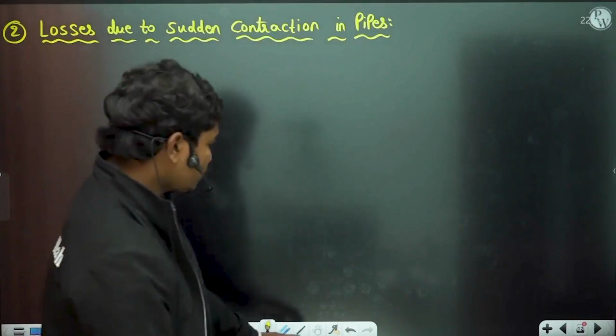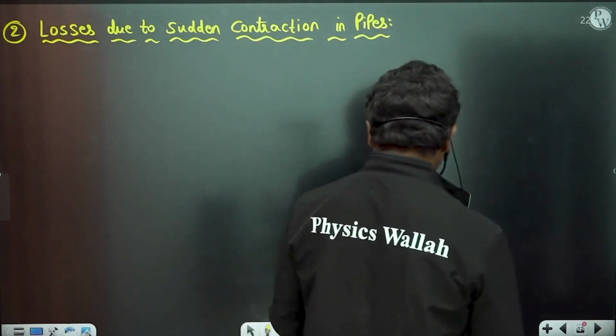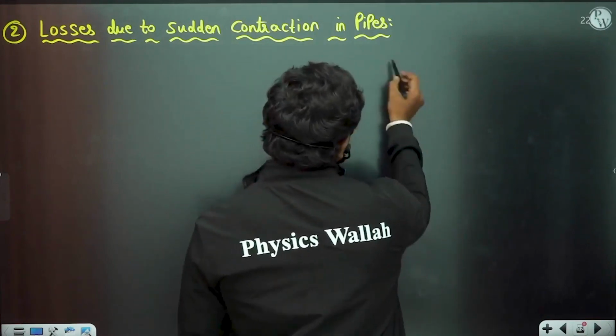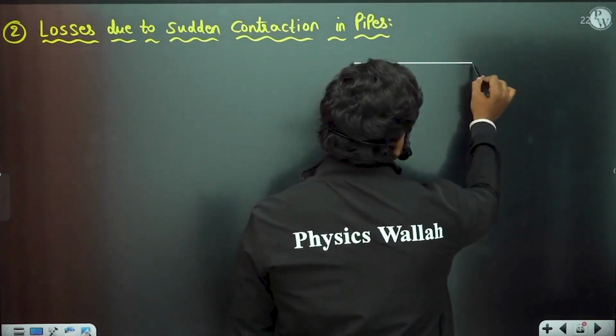Okay, so let us suppose initially we have a pipe in which there is some fluid flow.